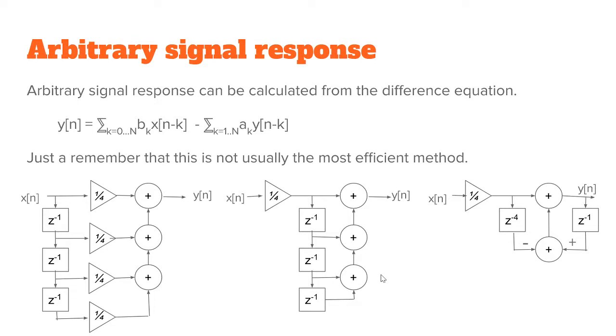Okay. This is the least efficient way. It has 3 additions, 4 multiplications. Each of these steps actually means 1 memory location. The second one has the same amount of memory locations, but only 1 multiplier, same amount of additions. This here has 1 multiplication and 2 additions.